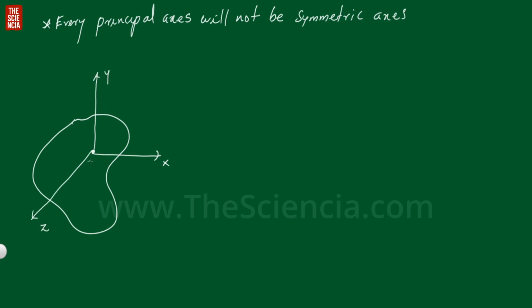This is our reference point, the origin. We can calculate the moment of inertia by the equations I already told you. That is, you can calculate Ixx, Ixy, Ixz, Iyx, Iyy, Iyz, Izx, Izy, Izz. The equations to calculate these values I already told you.